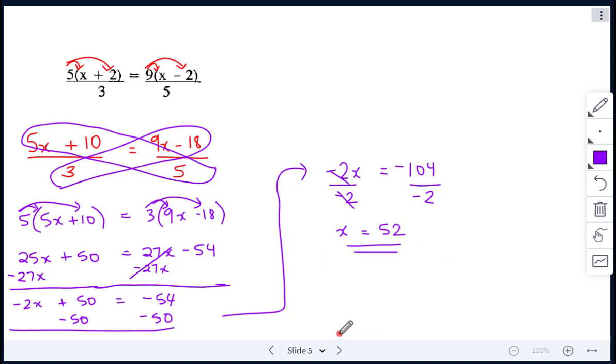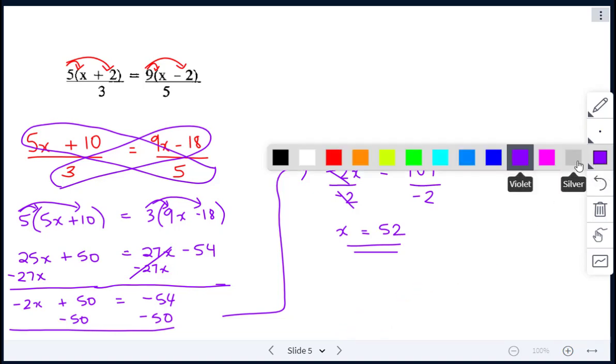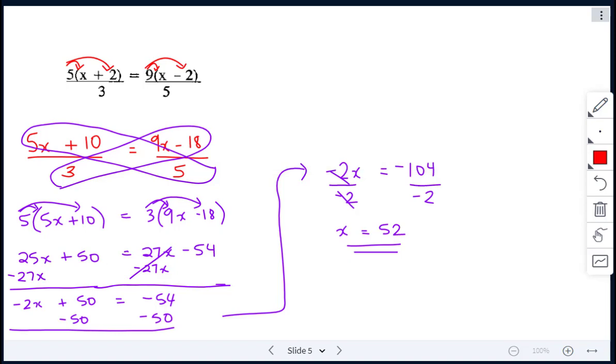All right. The other method I wanted to show, give me one sec. I just wanted to show that up here. If you did cross multiplication right away, if you did like cross multiplication like this, it basically becomes 5 times the 5 times the x plus 2.